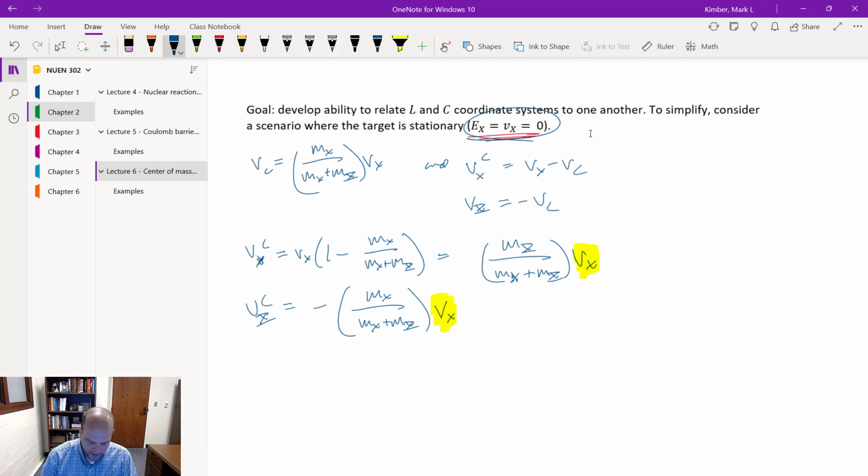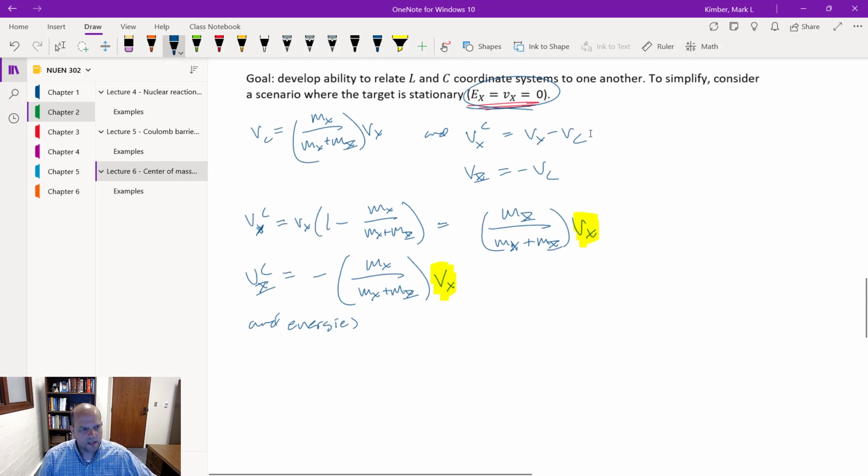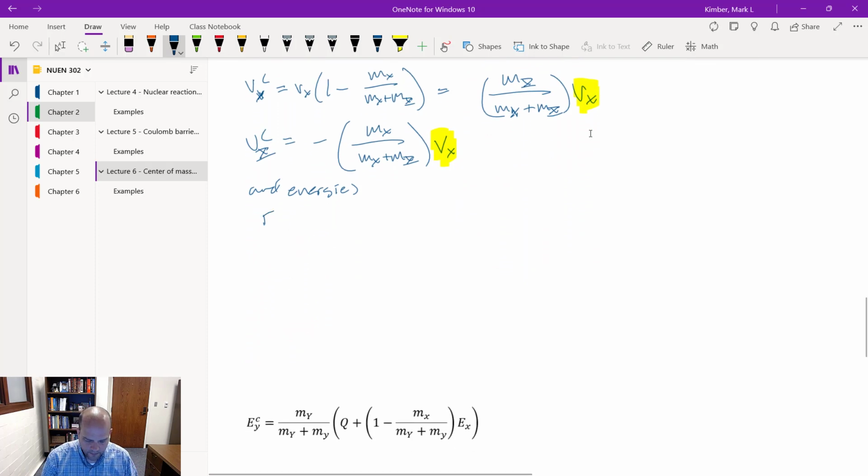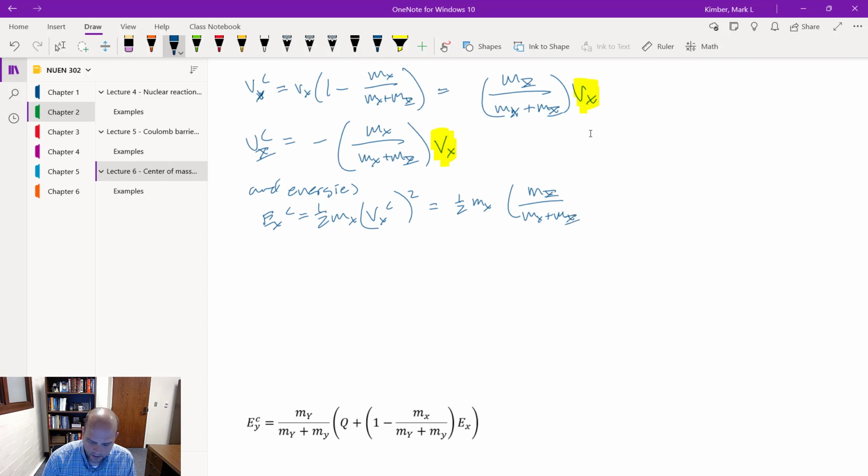Okay, and the energies, again, we'll express in terms of energies rather than just velocities. The energies here are going to be 1/2 mv squared. So in the center of mass reference frame, I need to express that velocity in that reference frame. And what I'm left with is 1/2 mx times m capital X over mx plus MX squared times vx squared.